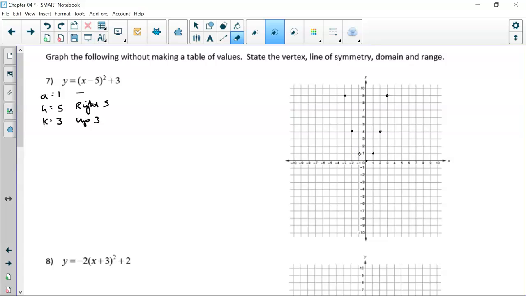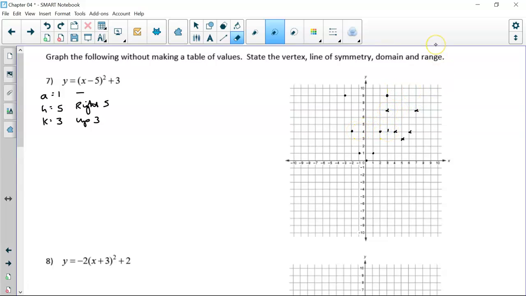Now, I'm going to take each point and go to the right 5 and up 3. To the right 5, up 3. I'm going to use a little X to mark that point. Right 5, up 3.